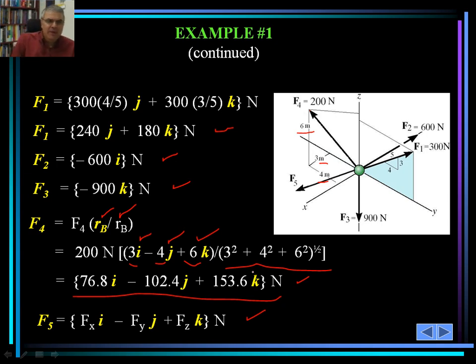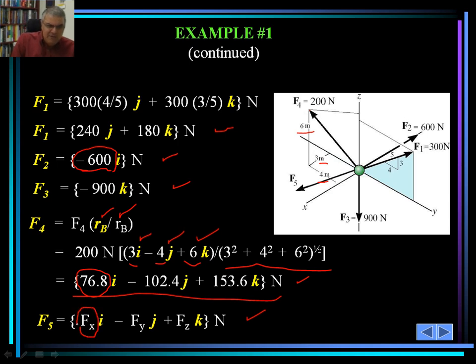For example, let's take a look at all the forces with the I component. There is no I component in F sub 1. There is an I component in F2, so we take this component, minus 600, and there is also a 76.8. I'm going to pretty much put a circle around these. We take the 76.8 that I'm encircling here, and F sub x also is an I term.